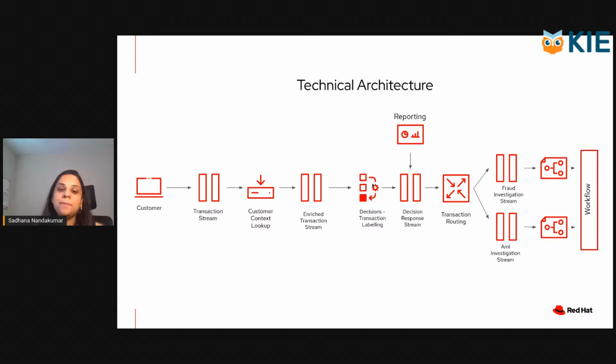This information is then being used for the decisions, the transaction labeling aspect of it that I spoke about. So that is going to look at the incoming event and evaluate it against a set of decisions. The decisions are both static as well as ML based. So it's going to be business user decisions that are augmented by AI/ML type intelligence.